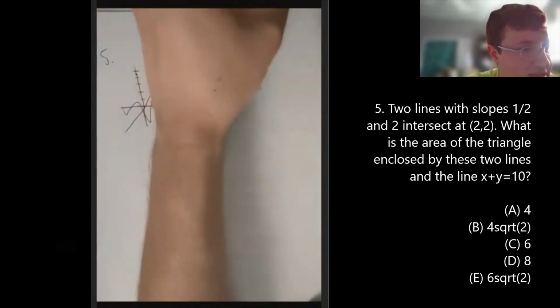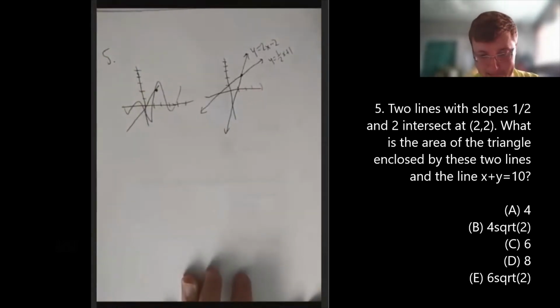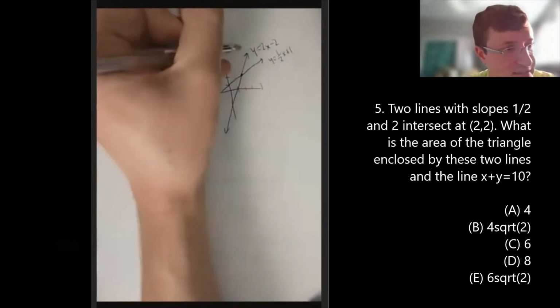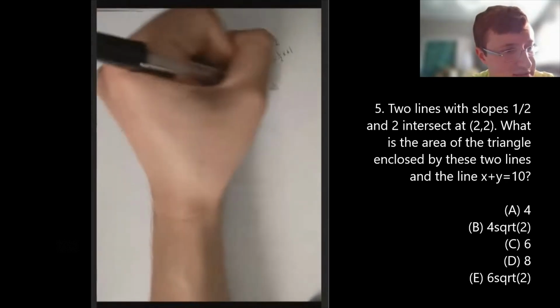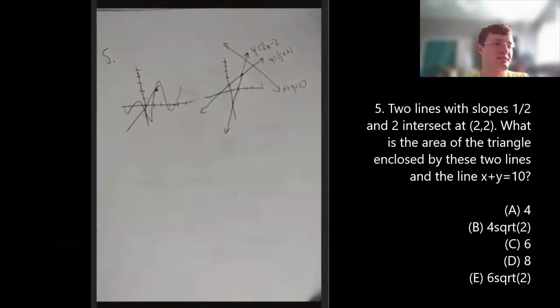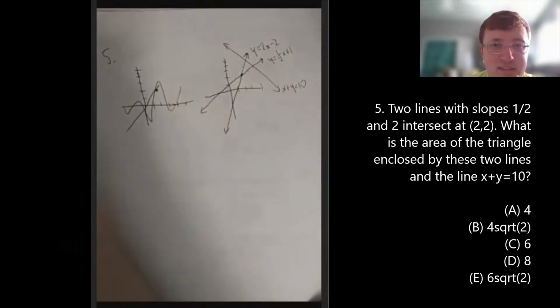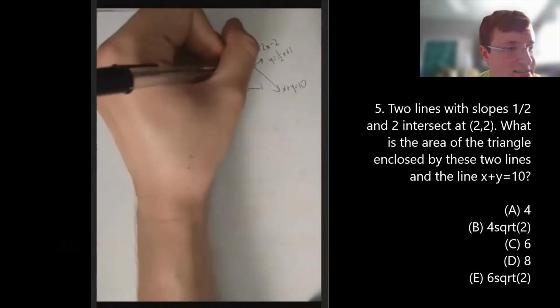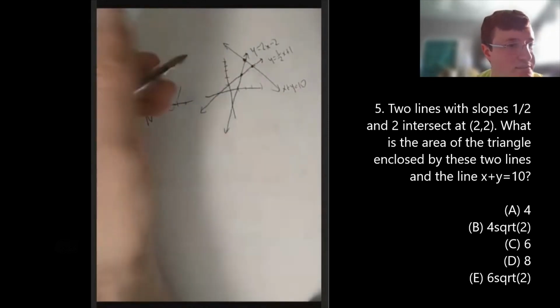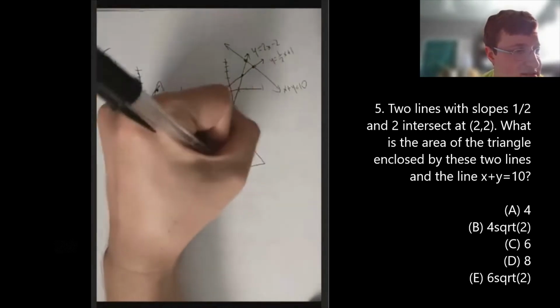Then I have y equals 1/2 x plus 1. Okay, and then I'm going to have some triangle out here made by x plus y equals 10. Well, okay, these two lines are symmetric around line y equals x because their slopes are reciprocals. So I'm going to get an isosceles triangle, actually. So let me find the intersection points. So one of them is 2, 2.